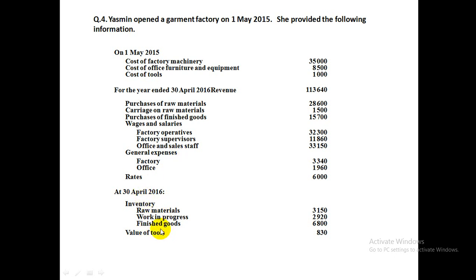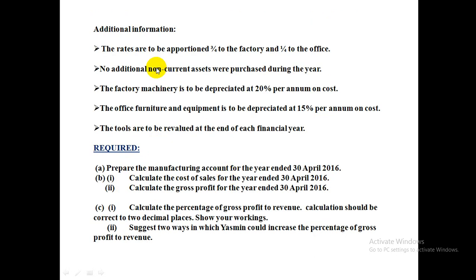Value of tools at the year end is 830. The cost of tools at the beginning of the year and value of tools at the end of year will help you to calculate depreciation expense for tools. This depreciation expense will be calculated by finding the difference. We'll minus 830 from 1000 to find the depreciation of tools to be taken in manufacturing account.